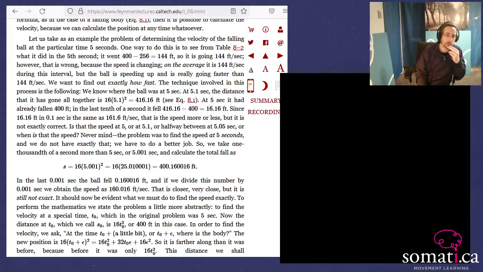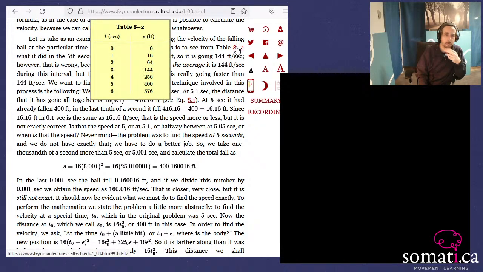So we know where the ball is. Oh, great, I can just mouse over it.